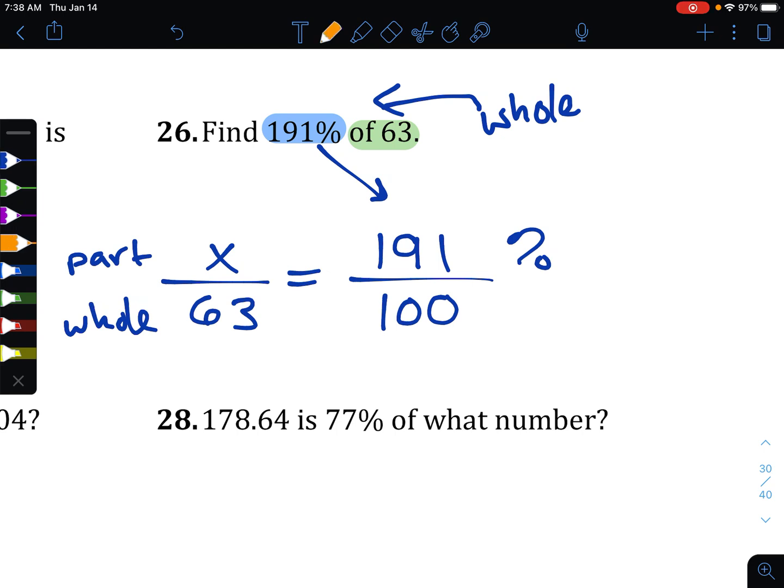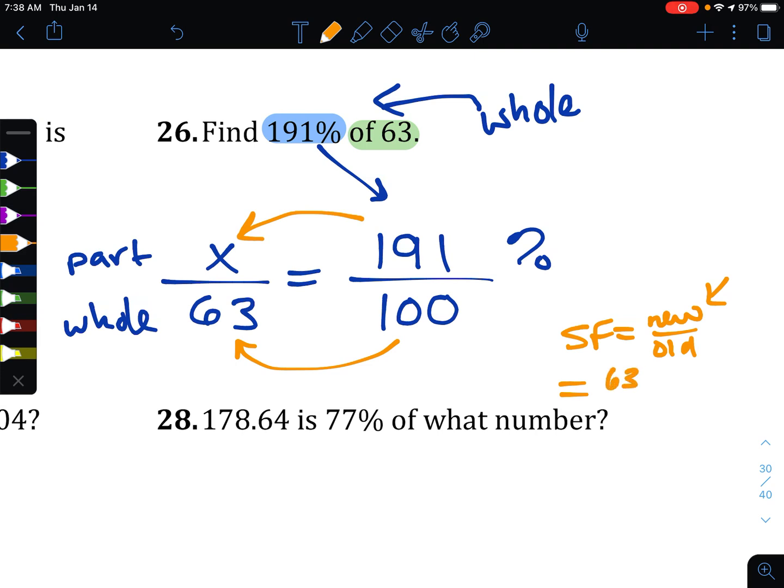So we're going to find a scale factor that'll get us from 191 to x, and we're going to use the numbers on the bottom to find that scale factor. Remember that a scale factor is always the new one divided by the old one, and we're pointing at the new one. So on the bottom, we've got the two numbers that we're going to use to find that scale factor. We're going to use the new one, the one you're pointing at, 63, divided by the old one, 100, in order to find that scale factor.